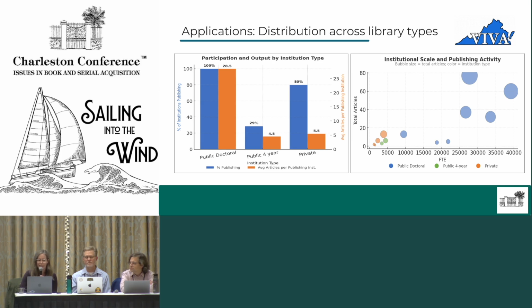So that's not an institution with a research budget or dedicated publishing funds, but because they're included in Viva's agreement, their faculty have access to the same publishing supports as the faculty at our large institutions. So this is really important to us in how we fulfill our mission and to our state funders. We have to show that Viva's model creates equitable access to publishing support across our entire Virginia higher education system.